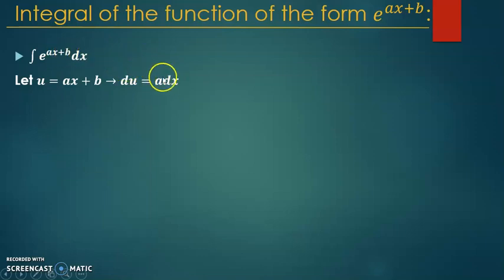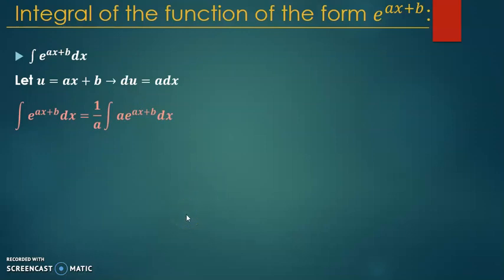You see that it differs only by a multiplication of a constant, which is a. And I also said in that video that if du differs by a multiplication of a constant, then it also works. So we only need to add a here. But in order to be able to multiply by a, we should divide by a. So we will get 1 over a integral of a e power ax plus b.